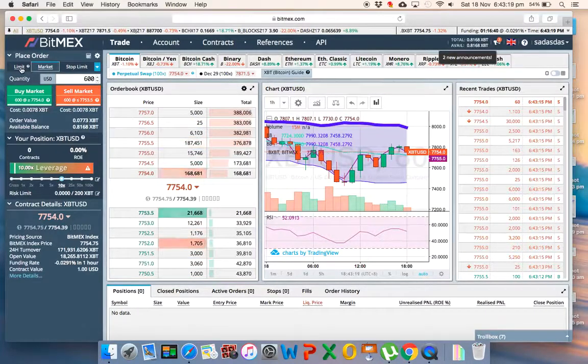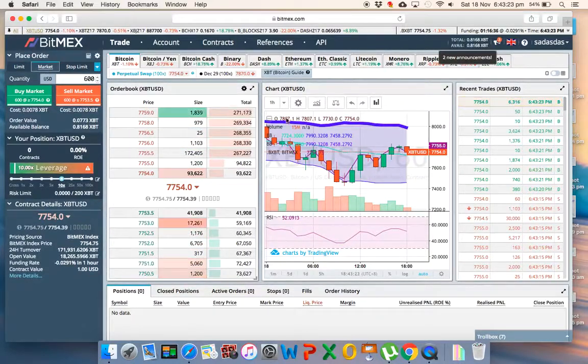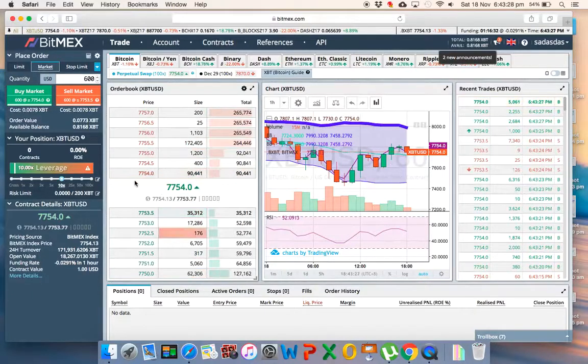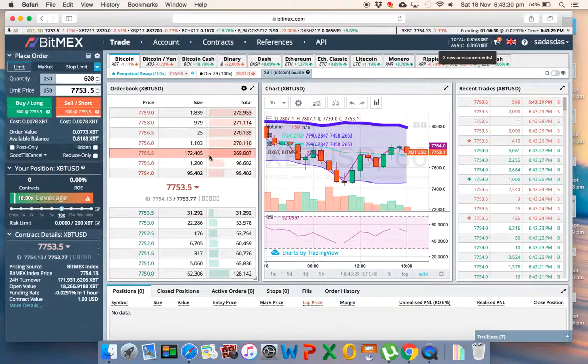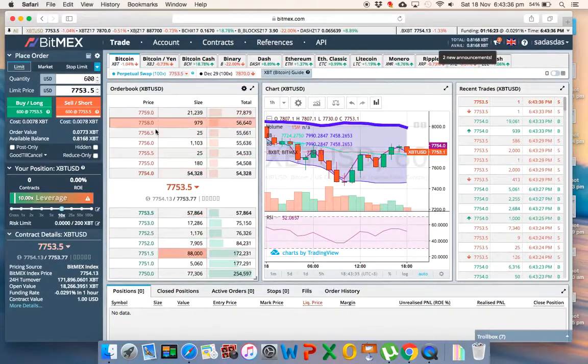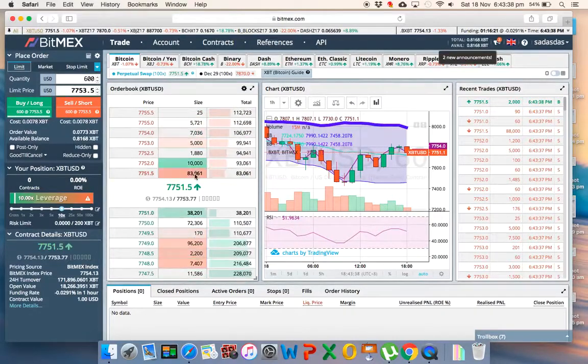Okay, so the difference between limit and market is that with market, you purchase directly from the market itself. For the limit, you place your order, so your order will be here or here, depending on whether you're buying or selling, and you'll get triggered.